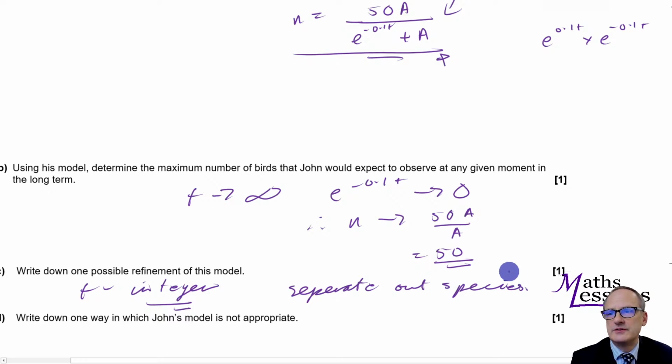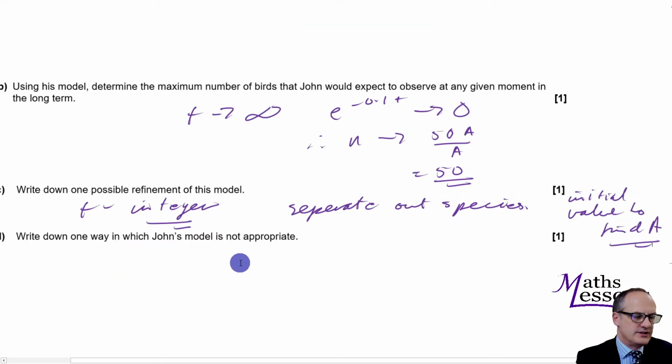Another thing I think, it'd be quite nice to have an initial value to find a. Okay, it'd be quite nice to get an initial point at the beginning to find a.